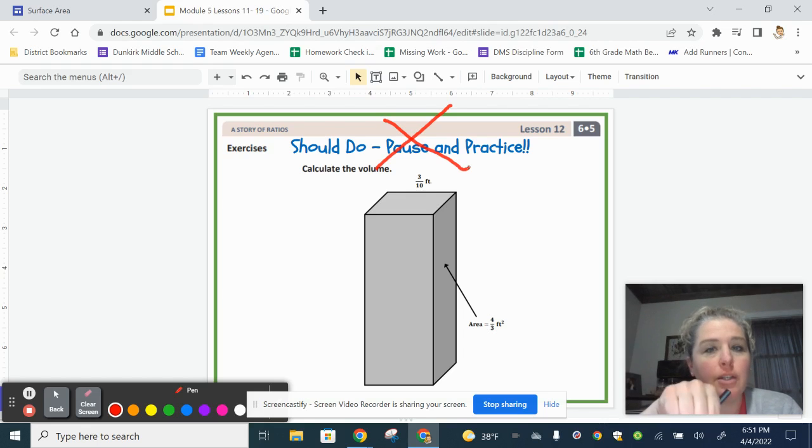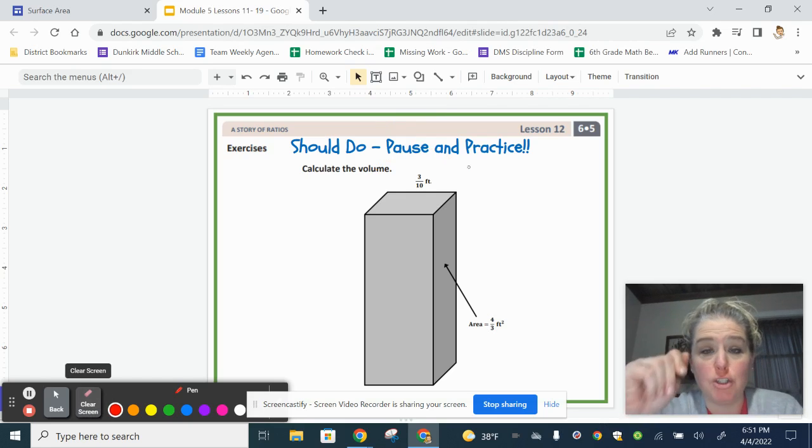If you feel like you're not ready for the mastery check, then I want you to go ahead and do this problem on your own. Try it. So you're going to pause, then come back and look at the solution. If you got it right, you're good to go for the mastery check. If you got it wrong, I'd like you to come see me so that I can give you extra support. Okay, so your choice right now. Stop, come get mastery check, or complete this activity on your own.